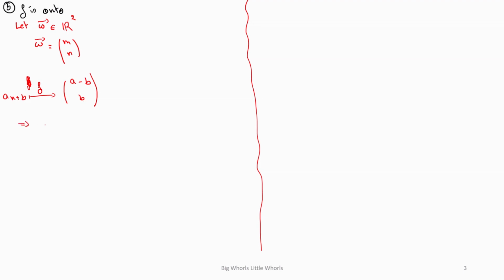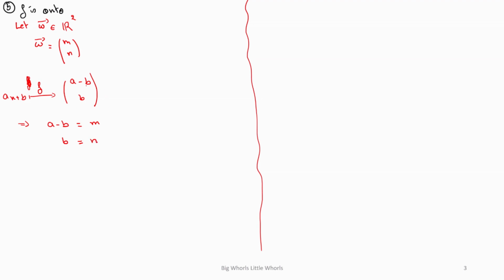So this means m equals a minus b and n equals b. Let me rewrite it this way just to keep the logic the same: a minus b equals m and b equals n.